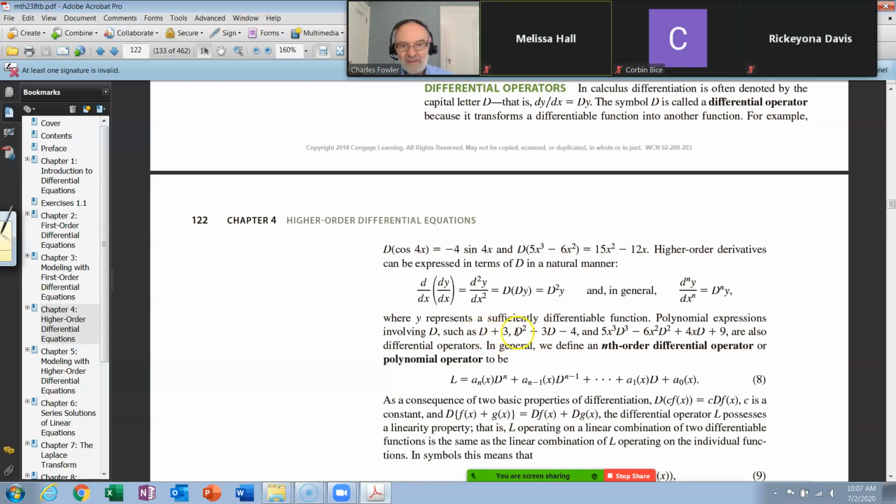This one would be y double prime plus 3y prime minus 4y. You just put your y's in that term. But notice you have linear expressions like that, even when you have x's in them, like 5x cubed, that would be your a sub 3, times D cubed, minus 6x squared D squared plus 4x plus 9. Those are all differential operators.